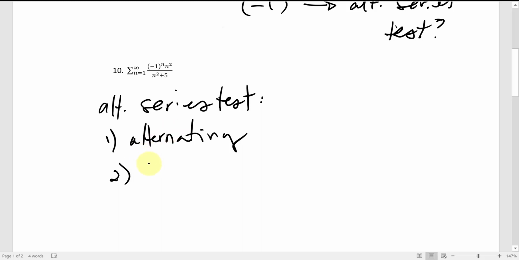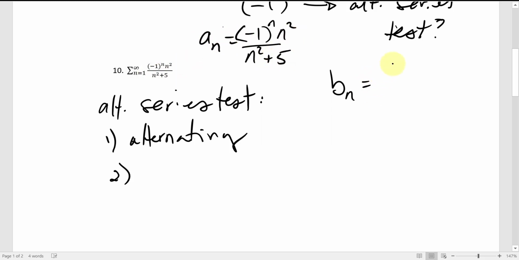What you need is to identify basically the absolute value of the term. So if I say, in this example, a sub n represents the nth term, then the b sub n will just be the absolute value of each term, this guy. And what you have to do in the alternating series test is confirm that the n plus 1 term is less than or equal to the n term.